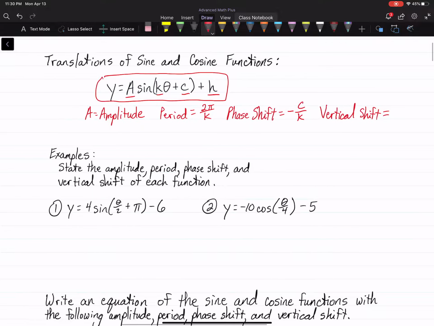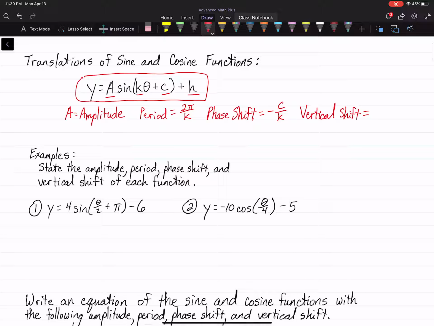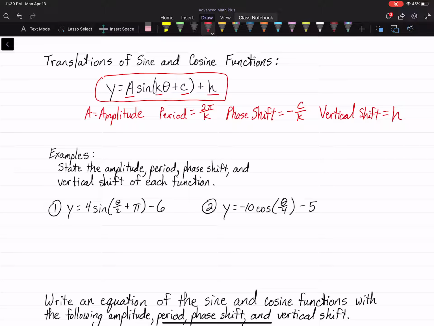It's not very pretty, but it's the easiest one to find because you can just look at it and tell. Your vertical shift is simply H. It could go up or it could go down. Phase shift goes left or right. Period is basically like shrinking or stretching your wavelength. And your amplitude is how high and how low it goes, how far up and how far down.